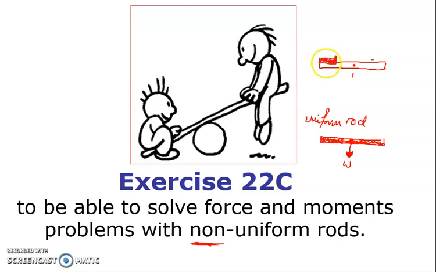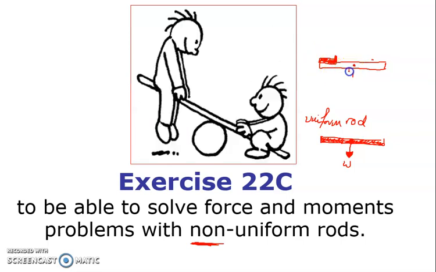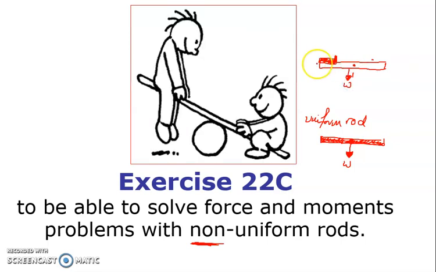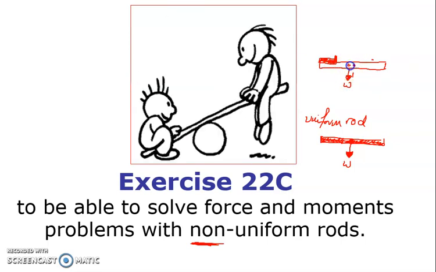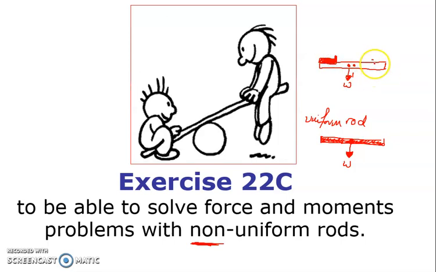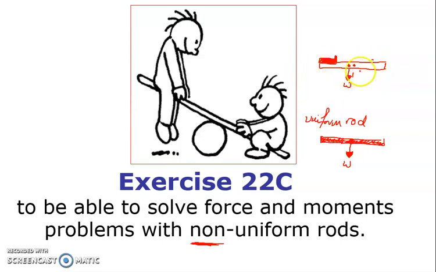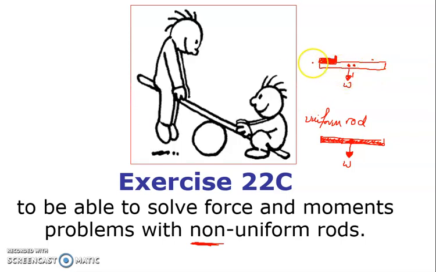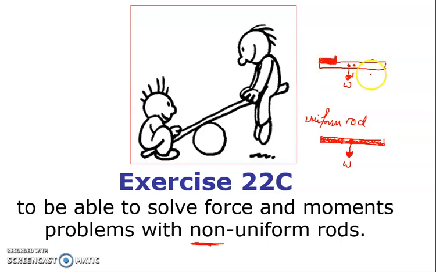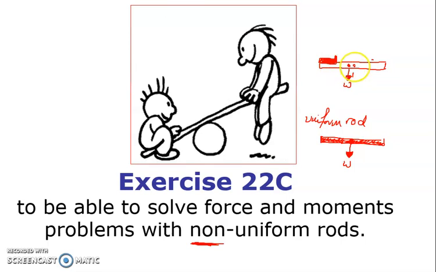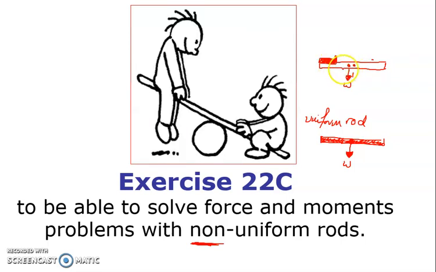It might be a bit heavier at this end, so you expect the weight to act slightly further over, because now the center of mass has moved to here, simply because we've got one seat here but not at the other end. And of course, in addition to that, you've got the two kids sitting on the seats. But regardless of them, the rod itself now has a non-symmetric weight distribution, which means its weight has moved slightly to the left.